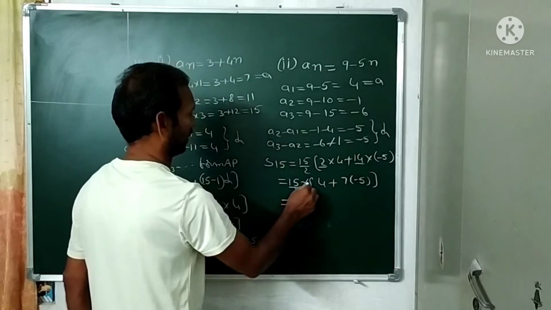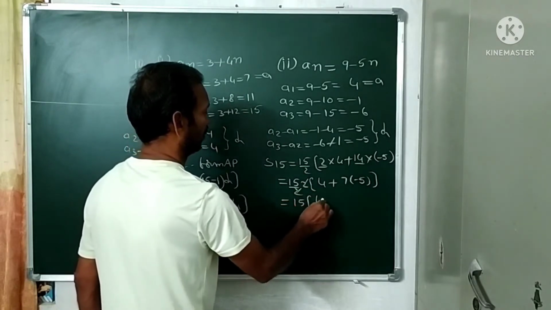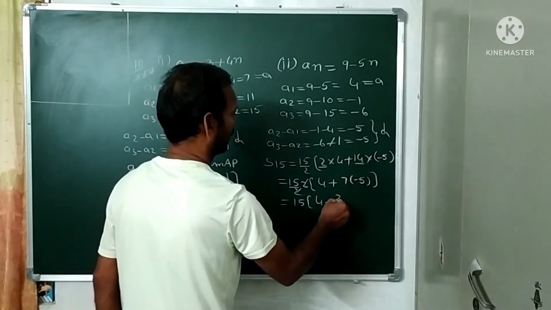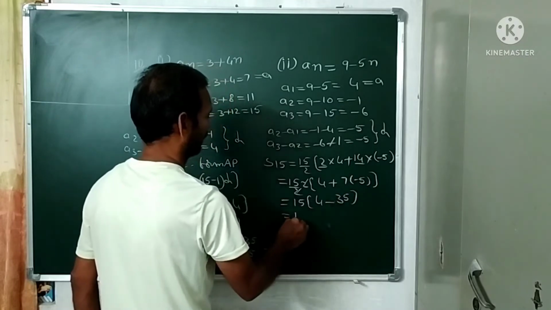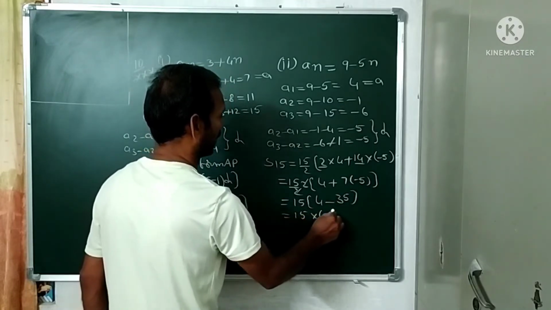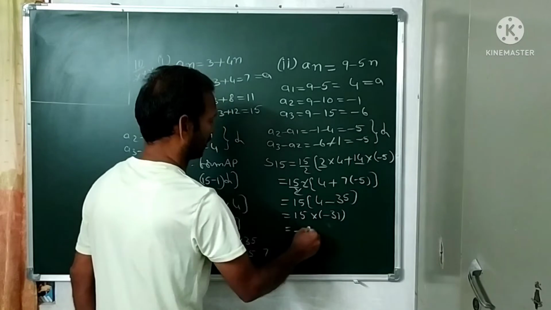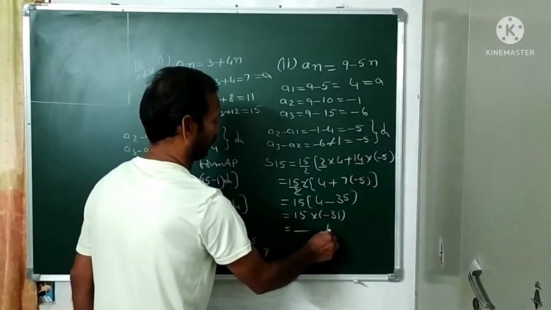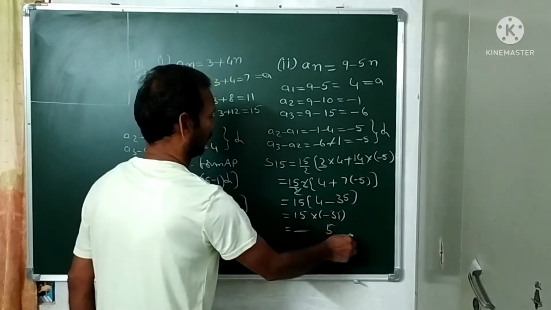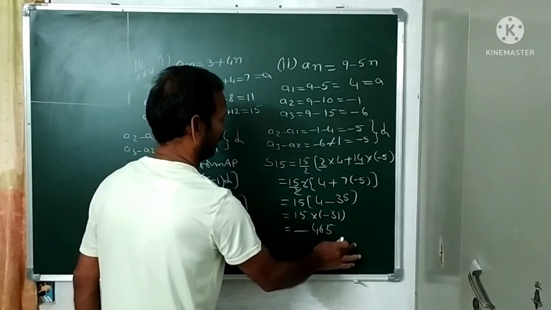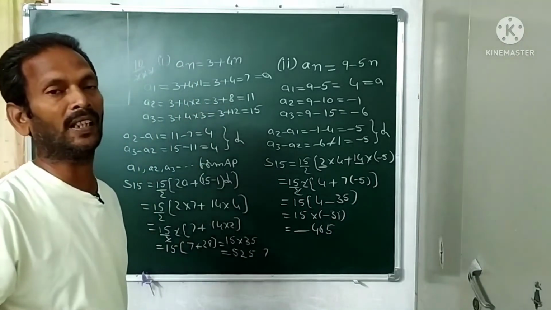So the 2s cancel. 15 into 4 minus 35, so 15 times minus 31. 15 times 31, 15 times 3 is 45 plus 1 is 46. So minus 465 is the answer.